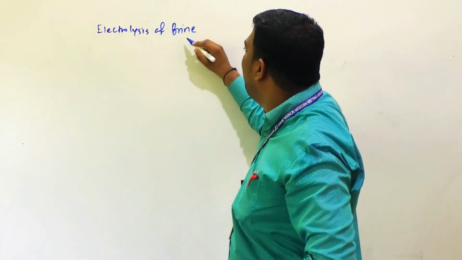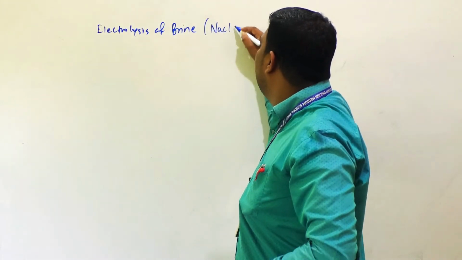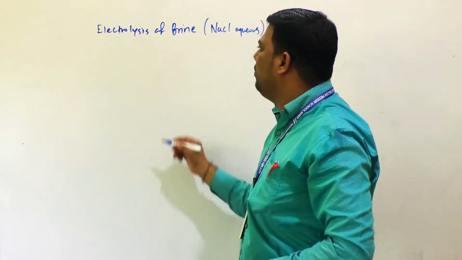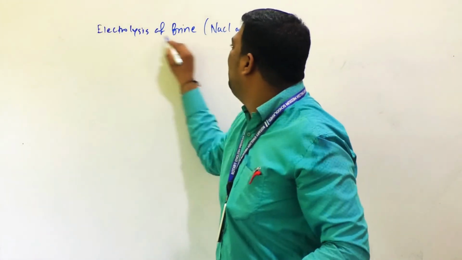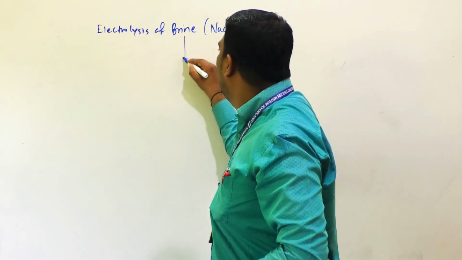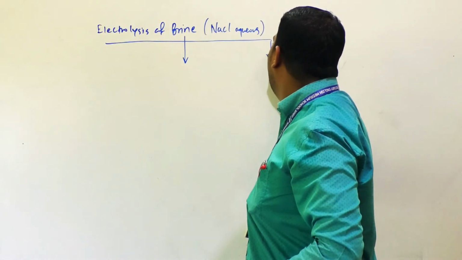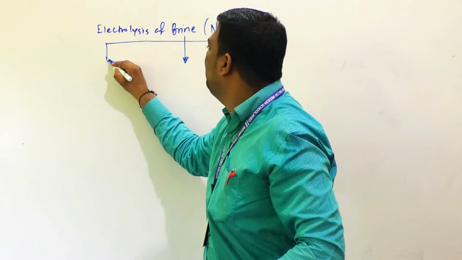So beta, brine is what? Yes, NaCl aqueous. This thing you know, beta. We have to make this one T diagram for electrolysis of brine solution.